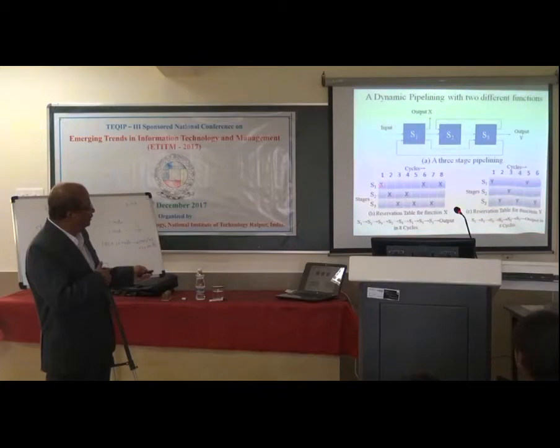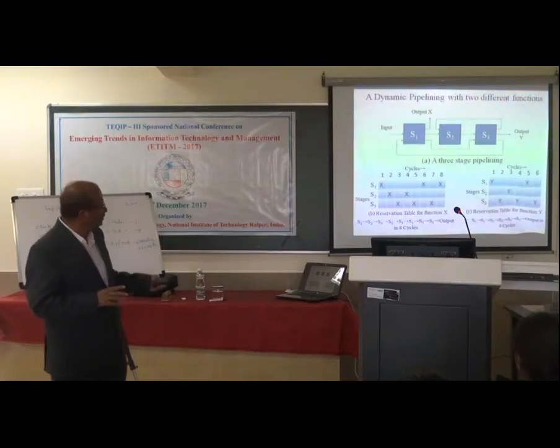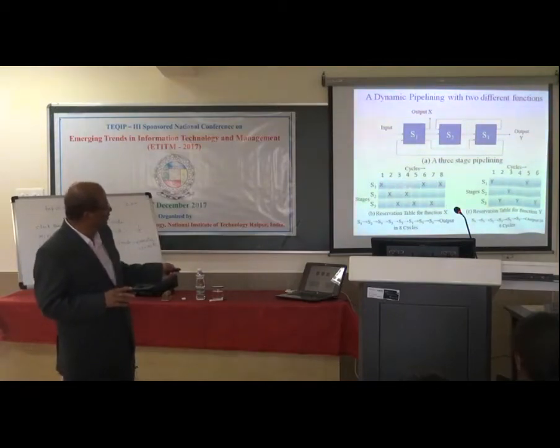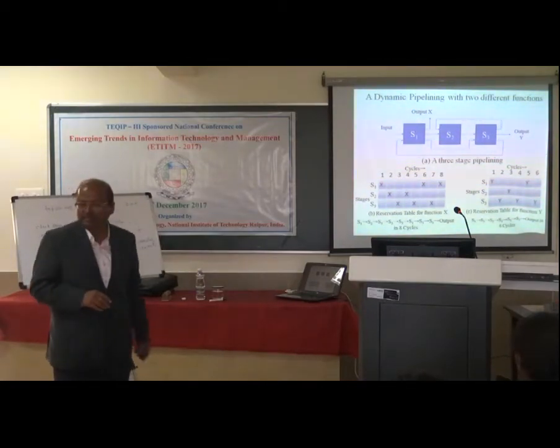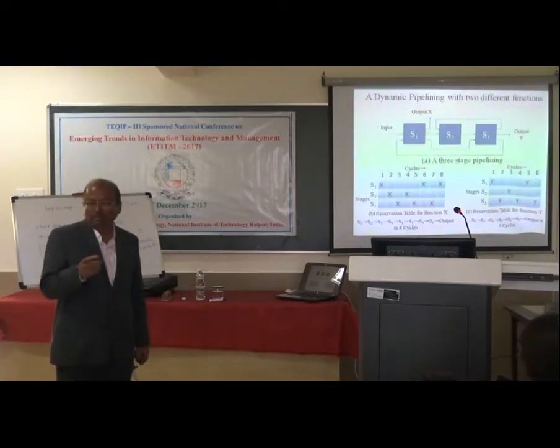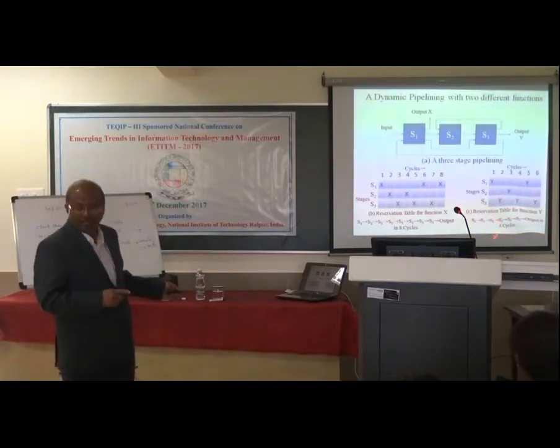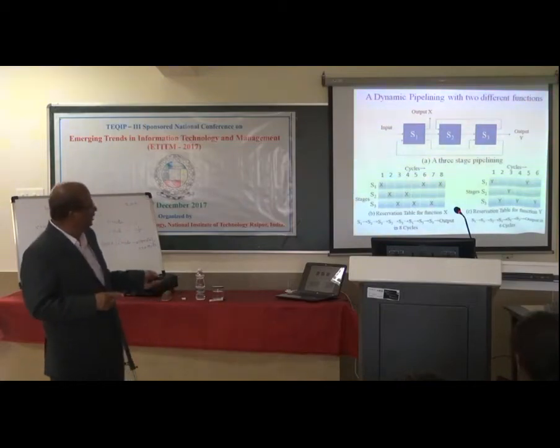Suppose a delay of 1 cycle is given in the S1 stage, that means another function is occupying this stage. Is there some problem? No, because stage 1 is free during cycles 2, 3, 4, 5. But it is not free in 6. So we should not give a delay which gives an initiation at 6 or 8. That means the forbidden latency is 6 minus 1, which is 5.